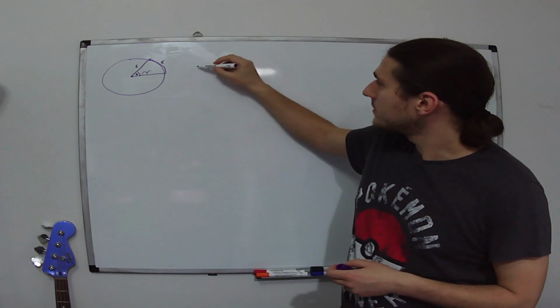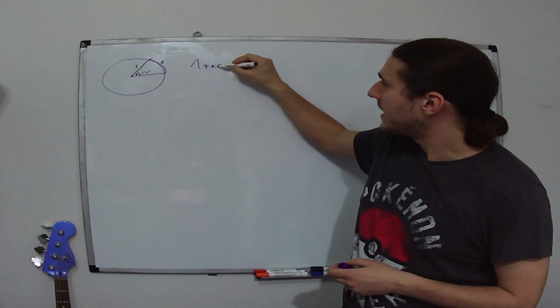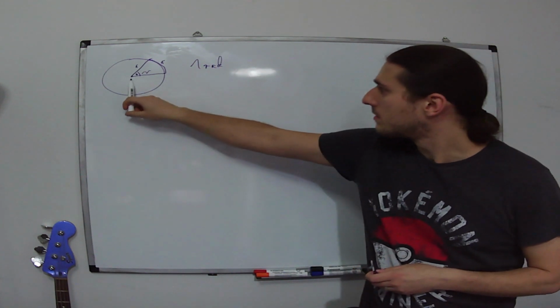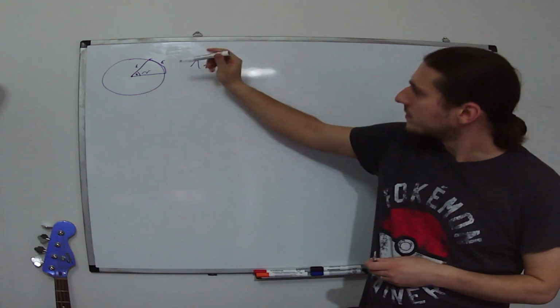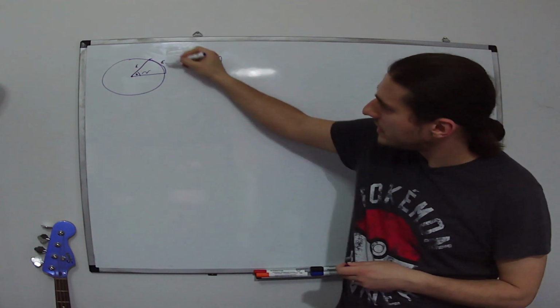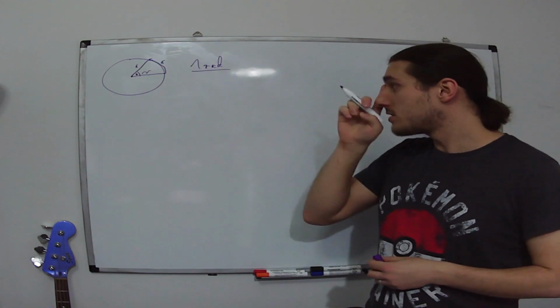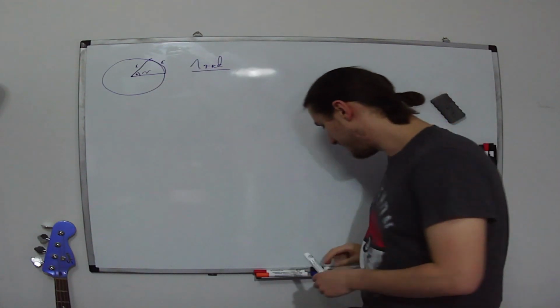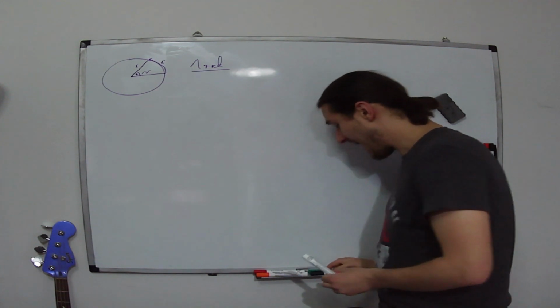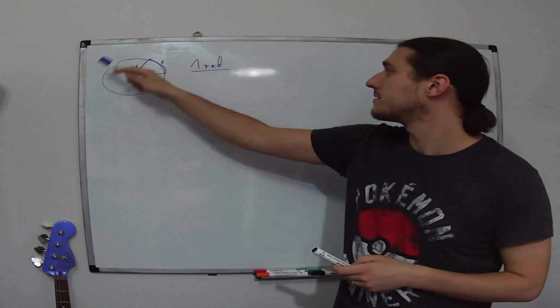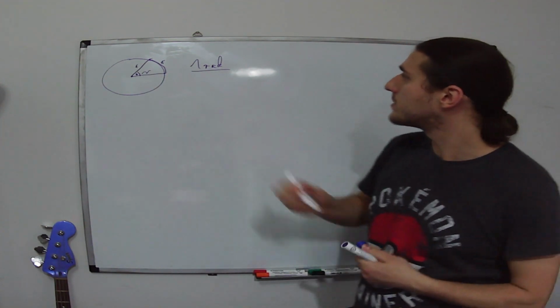So 1 radian is an angle that's made by moving 1 radius on the circumference in whichever direction. This is 1 radian. So the next question is, how many of these radians, let's count them, how many of these radians are there in a full rotation?